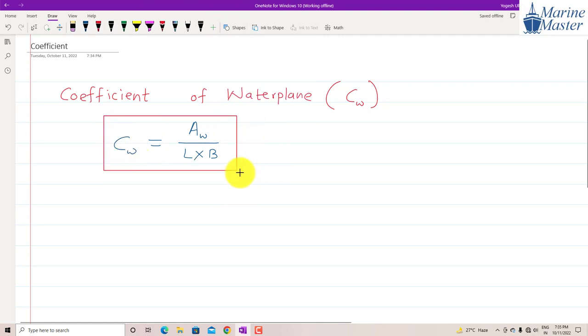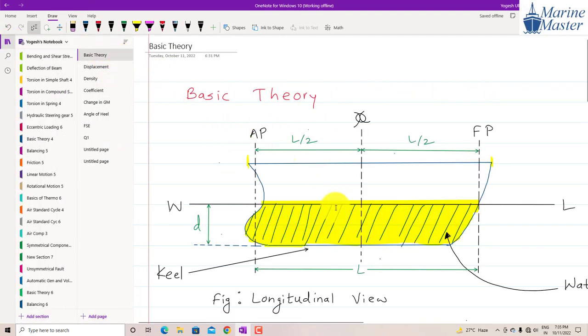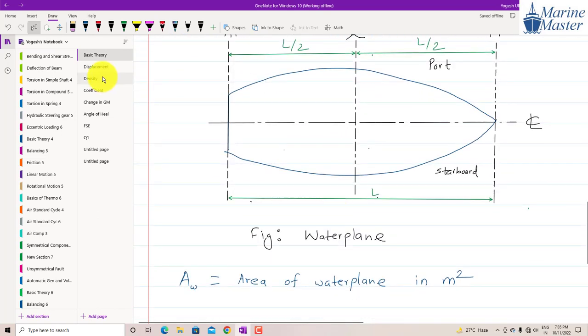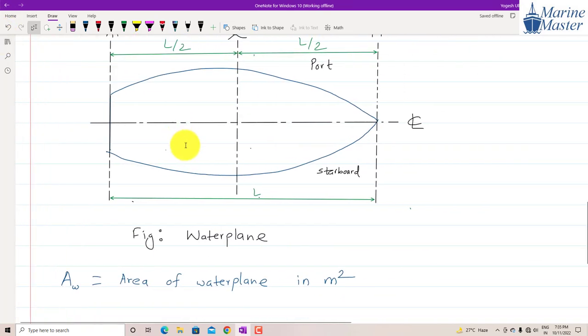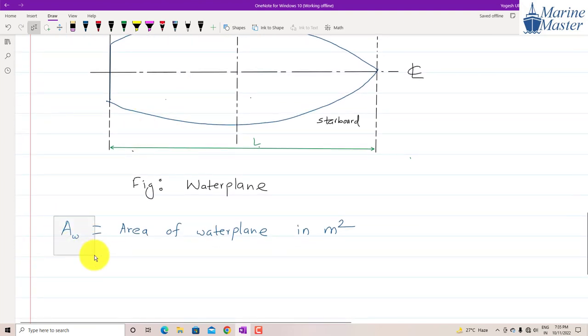So CW means coefficient of water plane. What is the meaning of AW? AW means area of water plane. We have seen what is meant by water plane in our basic discussion. L means length of the ship and B means breadth of the ship.